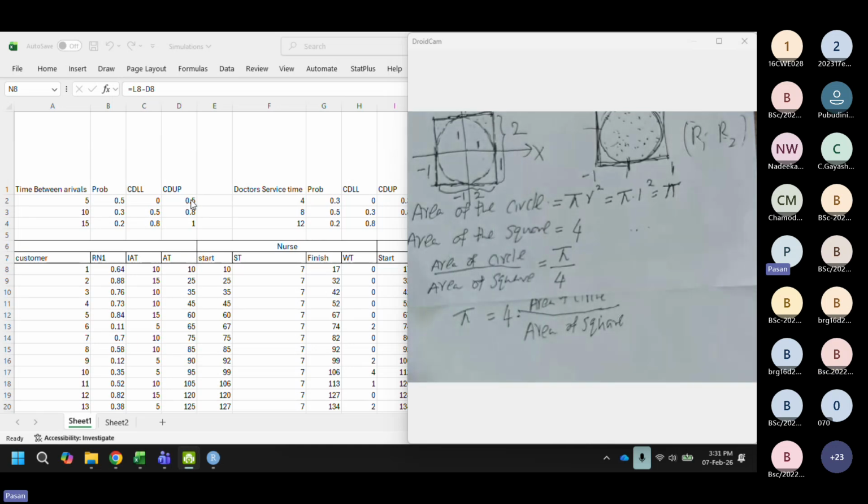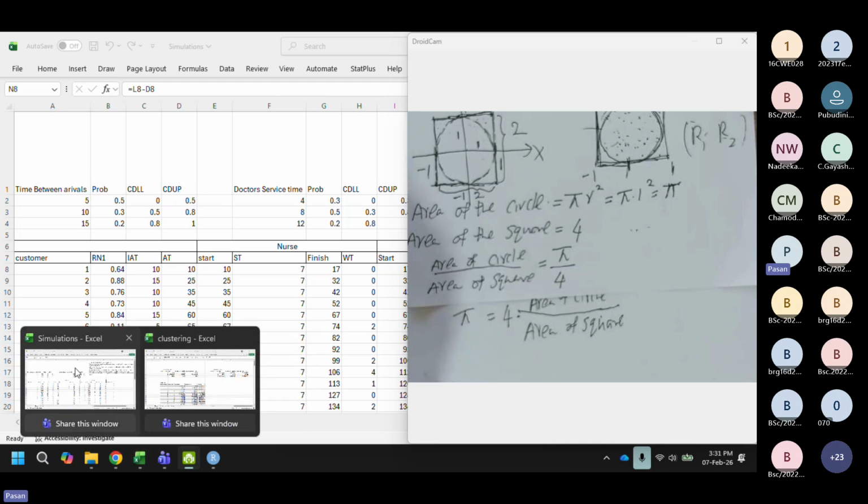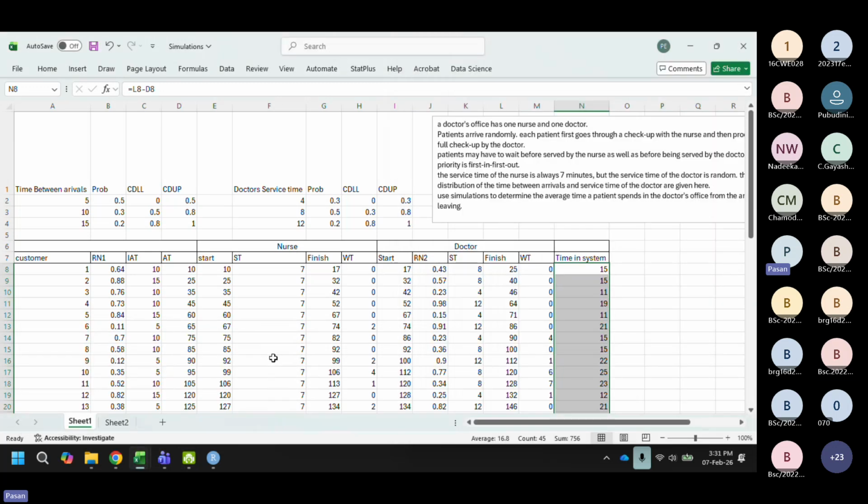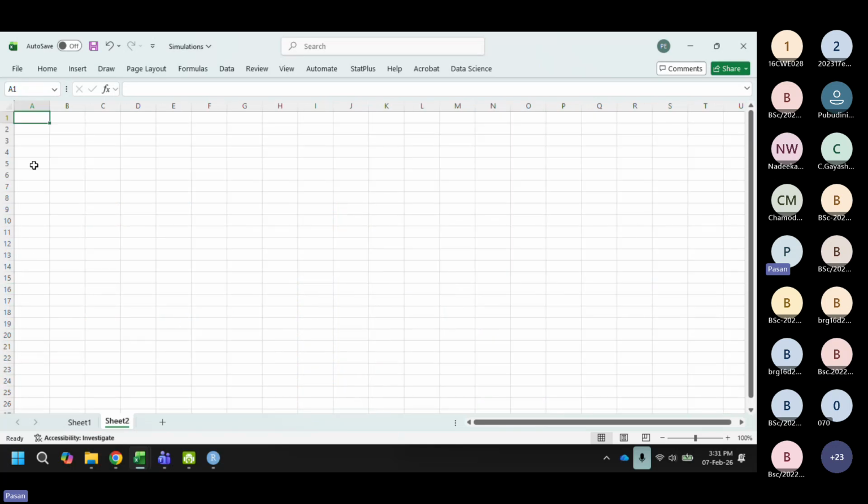So let me show that particular calculation in terms of Excel. So let me have this Excel file here. Now I have another example here. I will come to this example, but before that, I will show you the random number concept here.